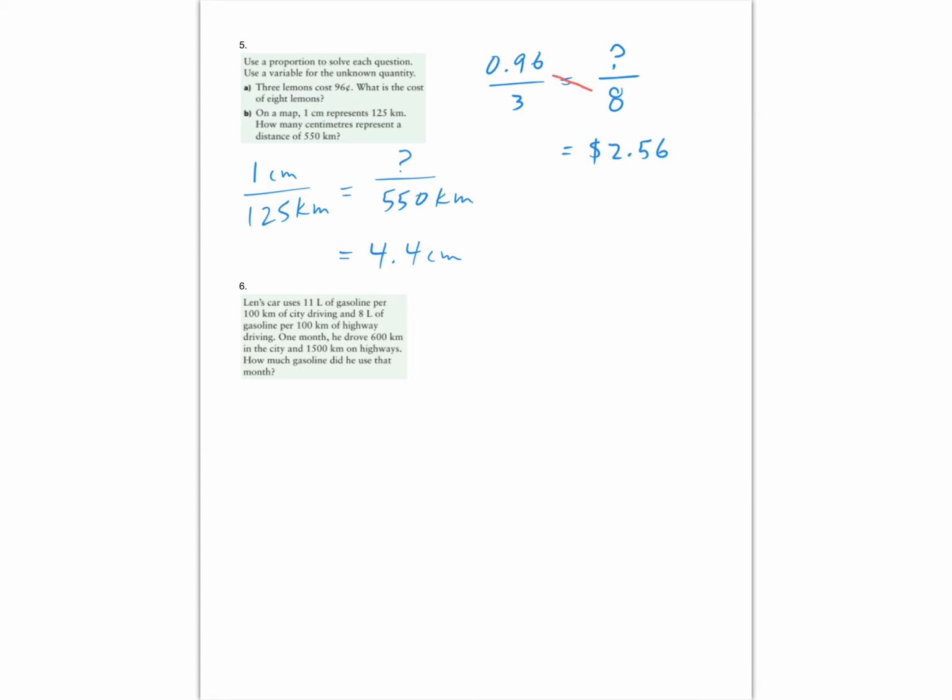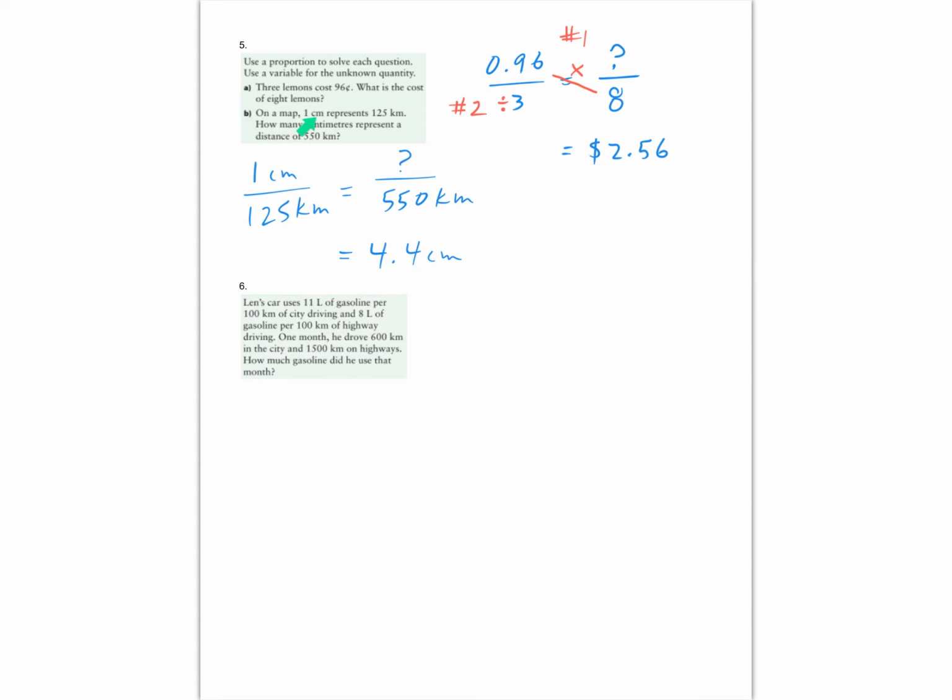So I'm going to multiply 0.96 times 8, and that's the first step, and then the second step is to divide by the other number, wherever it is. So all you have to do on your calculator is 0.96 times 8 divided by 3, and that'll get you $2.56. So the cost of 8 lemons is $2.56.